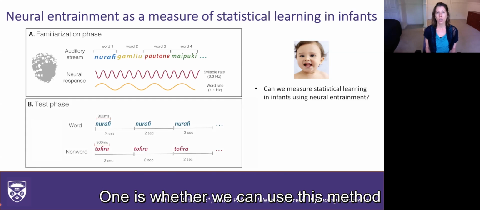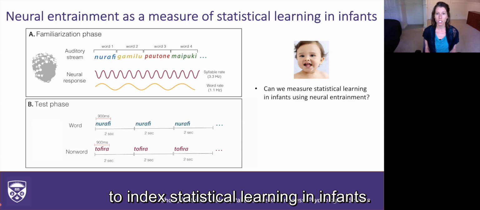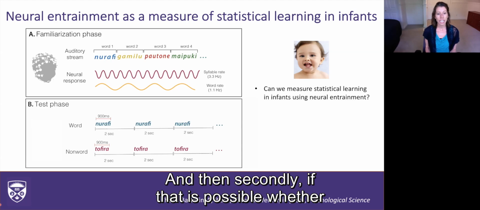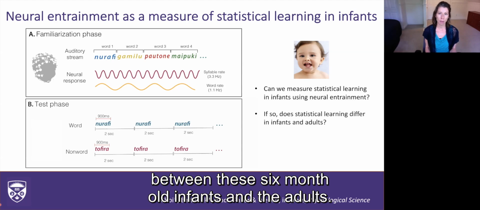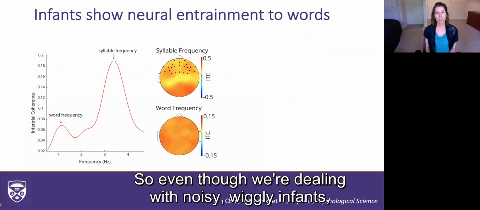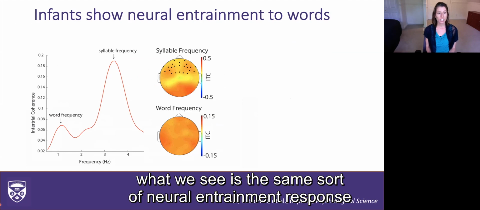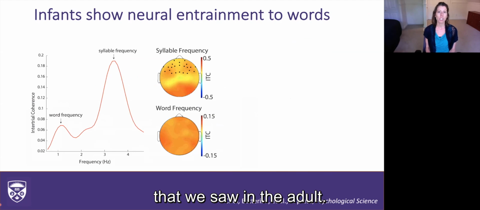One is whether we can use this method to index statistical learning in infants. And then secondly, if that is possible, whether there's evidence that statistical learning differs between these 6-month-old infants and the adults. So even though we're dealing with noisy, wiggly infants, what we see is the same sort of neural entrainment response that we saw in the adult.